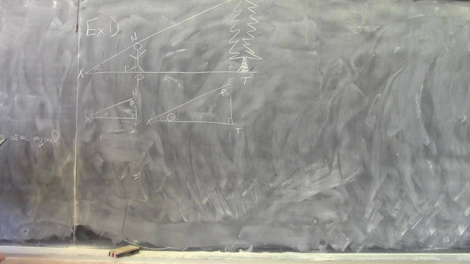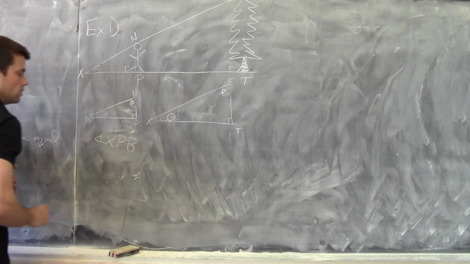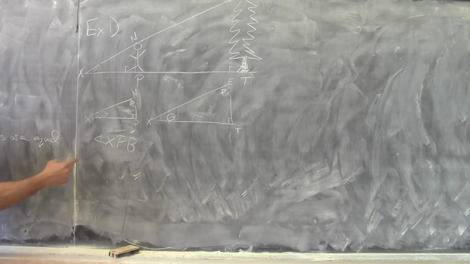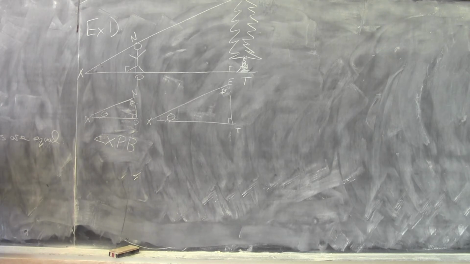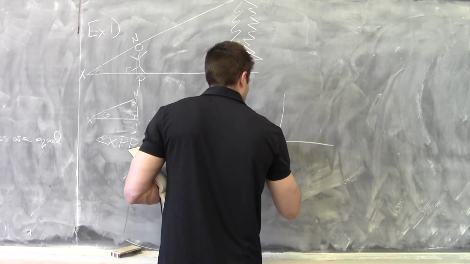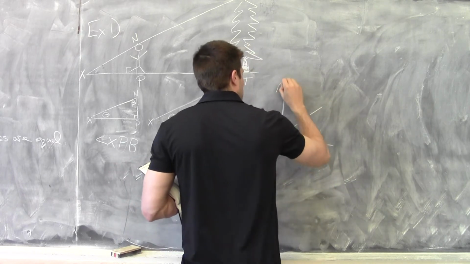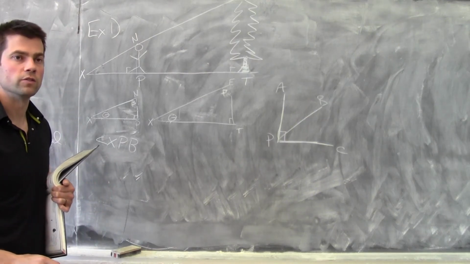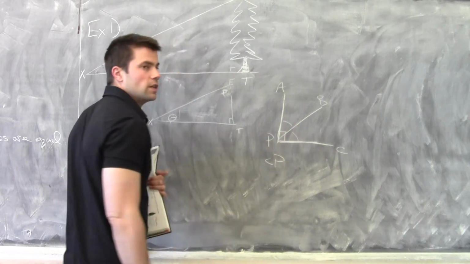Okay, so this angle is going to be angle XPB. Okay, and the angle that you're talking about is always in the middle, but these other two letters point out the full angle. Okay, the full direction. Okay, just to show that again, we have something like this. I just want to explain why we have this nomenclature. If I say just angle P, I don't know if it's this angle I'm referring to or this angle.